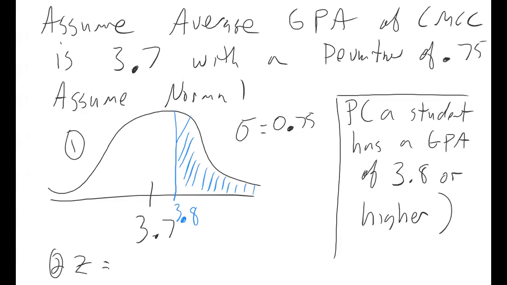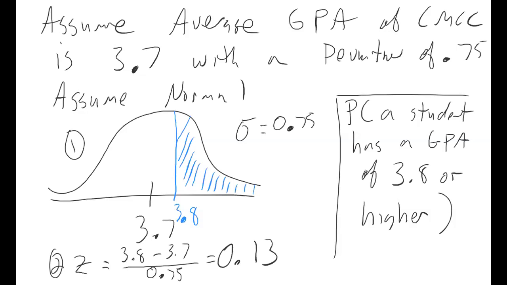So 3.8 minus 3.7, all divided by 0.75. I'll do my best not to mess up the calculations this time. 0.13.